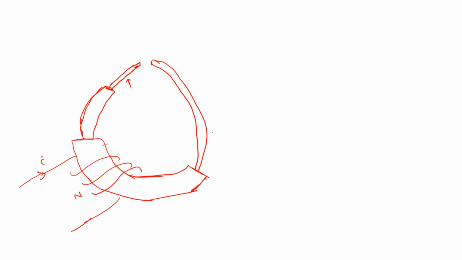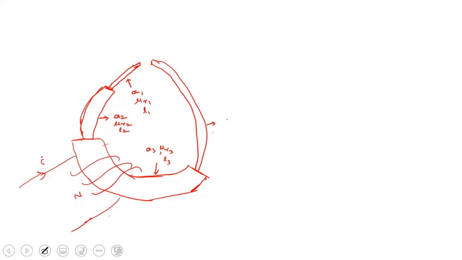Say, for example, this area of cross section is A1, its relative permeability is mu R1, and its length is L1. Coming to this material, it has A2, mu R2, and L2. This material has A3, mu R3, and L3.